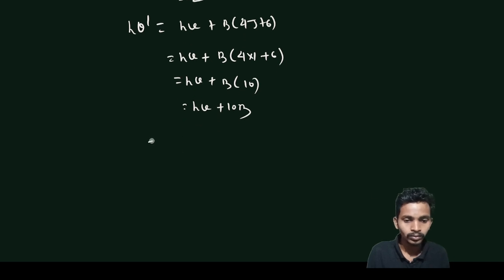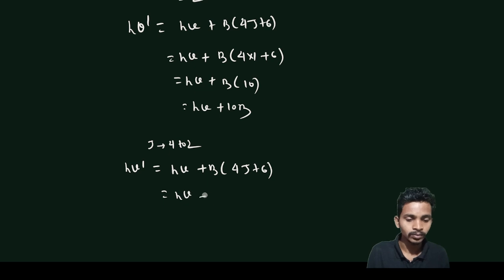After that, if I go from j 4 to 2, then h nu dash equals h nu plus b for j plus 6. The higher one is 2, so 4 into 2 plus 6, that is 8 plus 6, equal to 14.